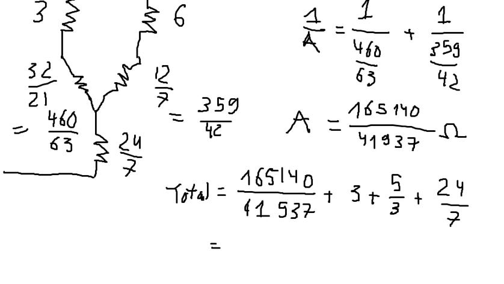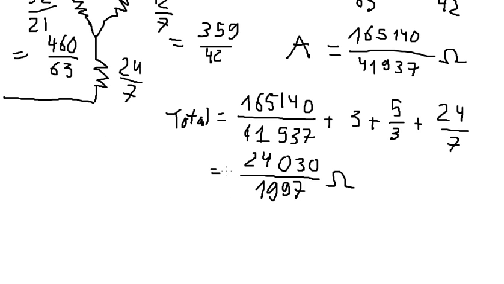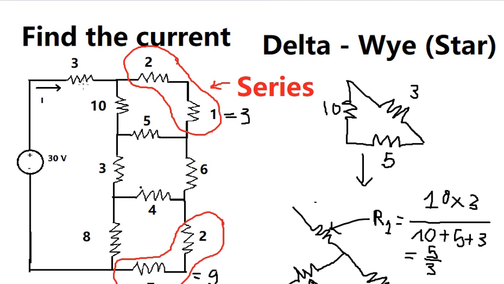That is 24,030 over 1,997 ohms. After we got this one, we want to find the current in here.